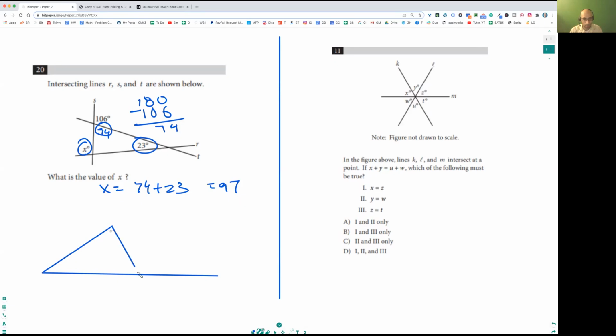Any triangle has 3 angles, and then there's an extra exterior angle here. So this star value over here is equal to this angle plus this angle, not this one. This one plus this one. So now try this one, guys. Go for it. See if you can try this.